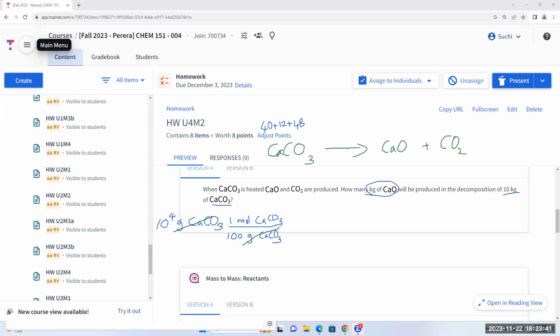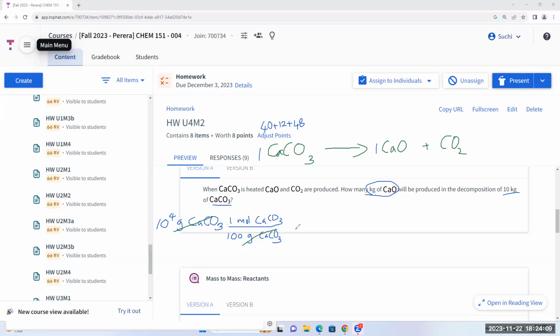So I need to convert moles of calcium carbonate to moles of calcium oxide. How do I do that? I go back to the balanced chemical equation. I see 1 in front of calcium carbonate and 1 in front of calcium oxide. Therefore, the molar ratio, or the stoichiometry, between them is 1 to 1.